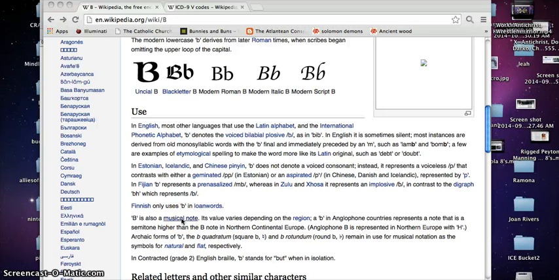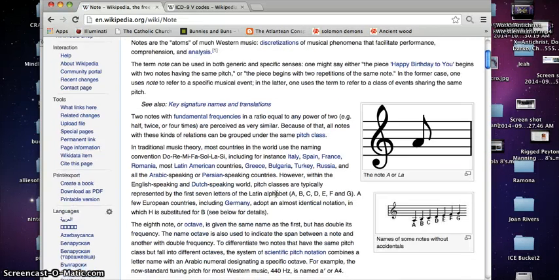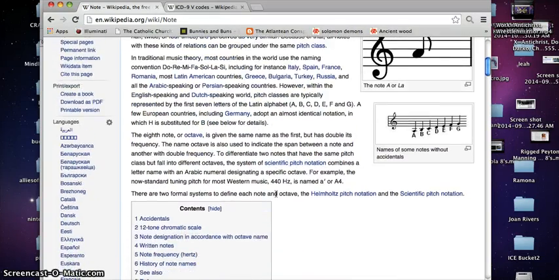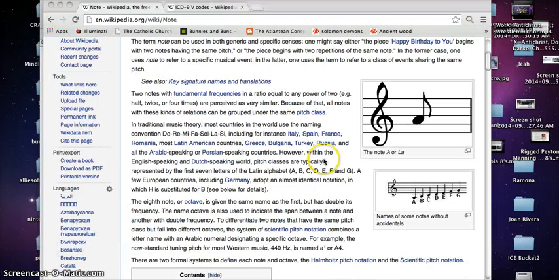So, obviously, B is also a musical note. You click on this here, and you scroll down. It talks about pitch classes typically being represented by the first 7 letters of the Latin alphabet, A, B, C, D, E, F, G. And then it says a few European countries, including Germany, adopt an almost identical notation in which H is substituted for B. So you also have your 8 again there.